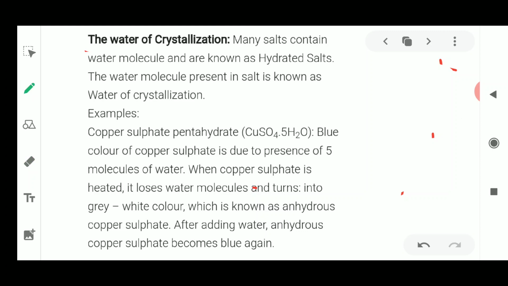This was also present in the 7th class, if you remember. Water of crystallization is very common for forming the various shapes of the crystals. It helps in maintaining the shape of the crystals of salt.